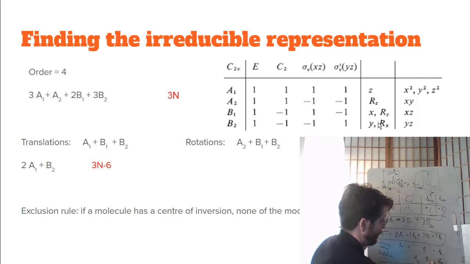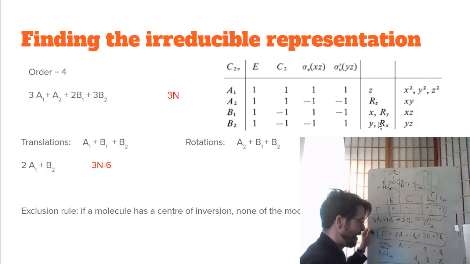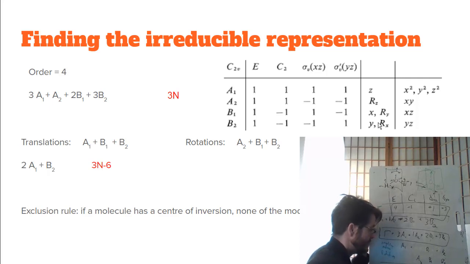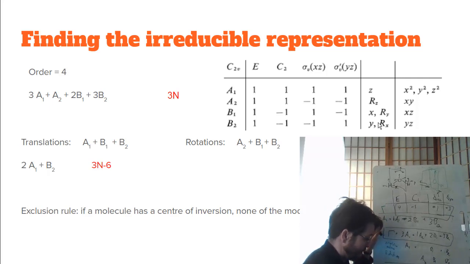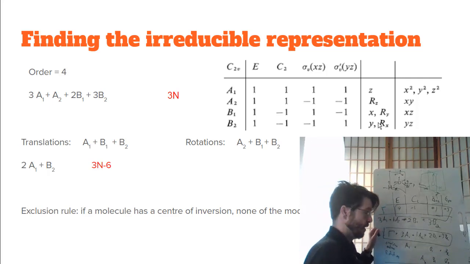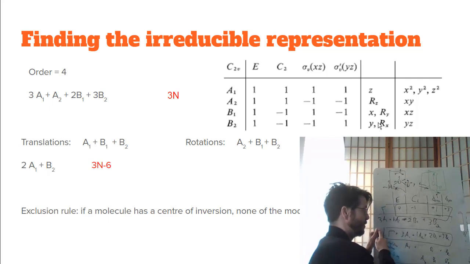There's no B1s, and 1 B2. So we would expect there to be 3 vibrational modes in this structure for the water molecule: 2 symmetric and 1 antisymmetric. So those are our expected vibrational modes for the structure.